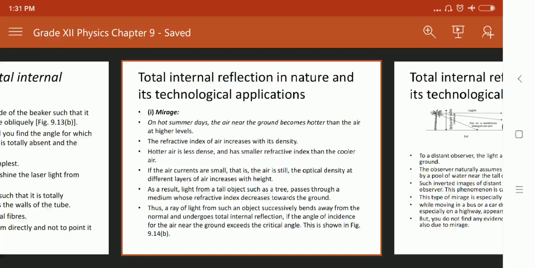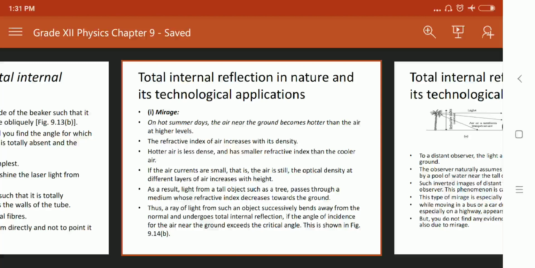If the air currents are small, then air is still, and the optical density of the different layers can be considered. Based on that, the light from a tall object such as a tree passes through a medium whose refractive index decreases towards the ground.